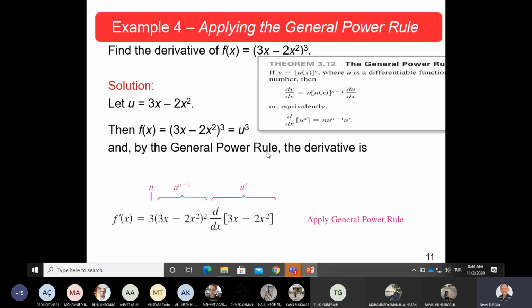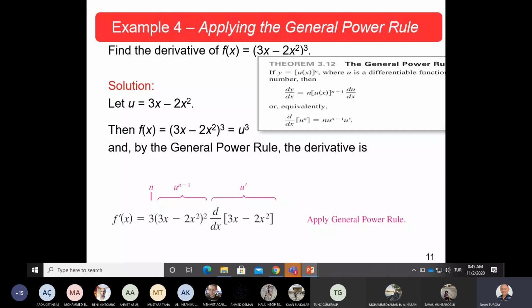Now, from the rule, what we will do now, we will use the theorem. How will we take the derivative, f prime of x? Because it is u to the power 3, what is the derivative of u to the power 3?